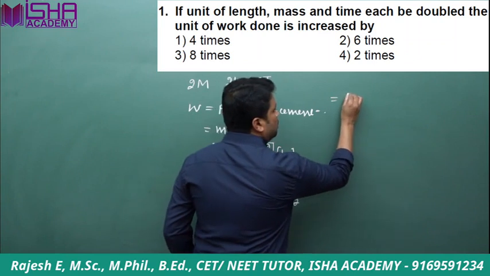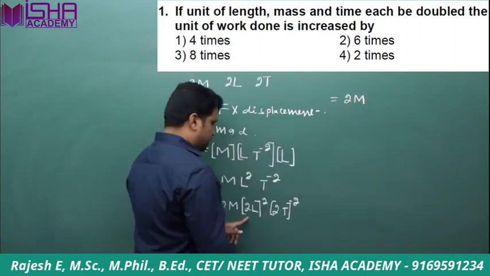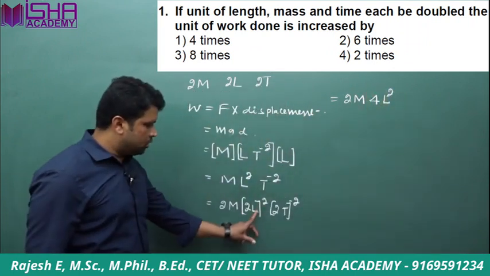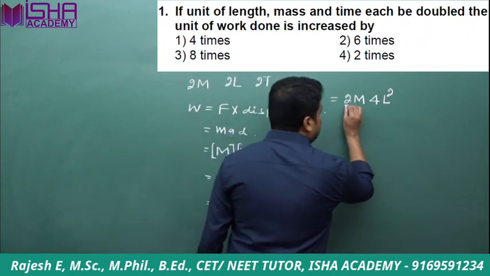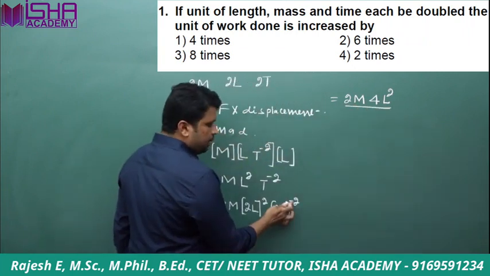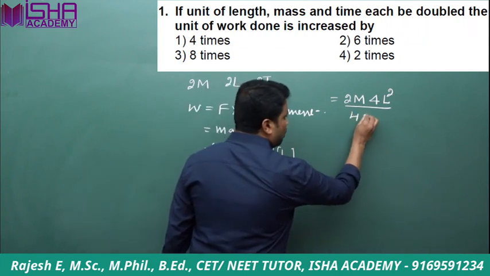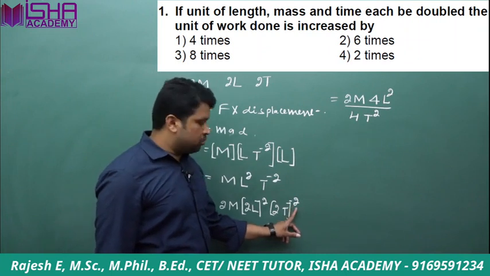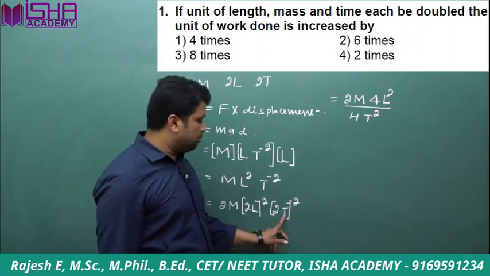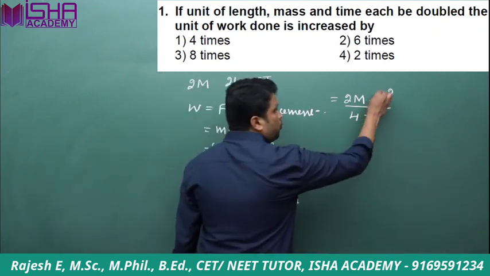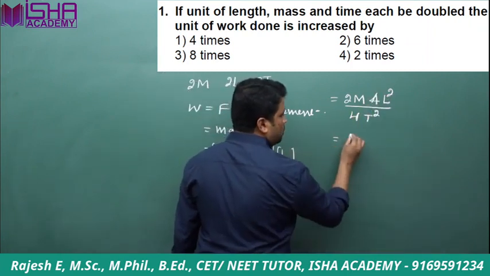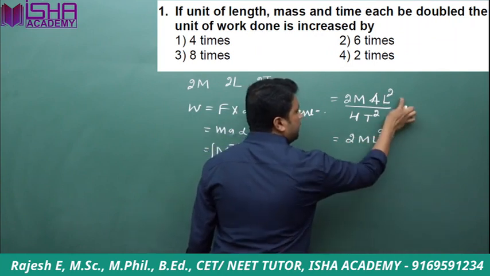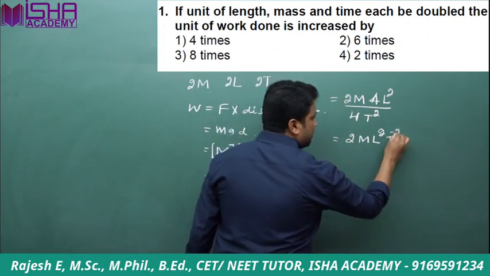This is equal to 2 times mass, 4 times L square, divided by 4 t square, since t power minus 2 is in the numerator; if it comes to the denominator, it becomes t power plus 2. So 4 gets cancelled. This is equal to 2 times m L square t power minus 2.